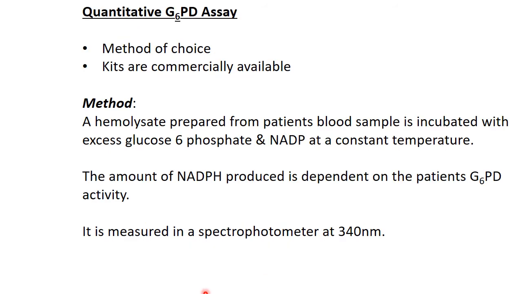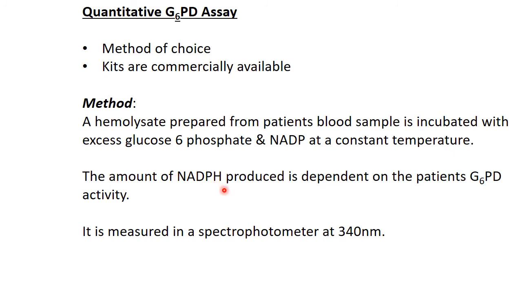Next is quantitative G6PD assay. It is a method of choice and kits are commercially available. The method: a hemolysate prepared from the patient's blood sample is incubated with excess of glucose 6-phosphate and NADP at a constant temperature.